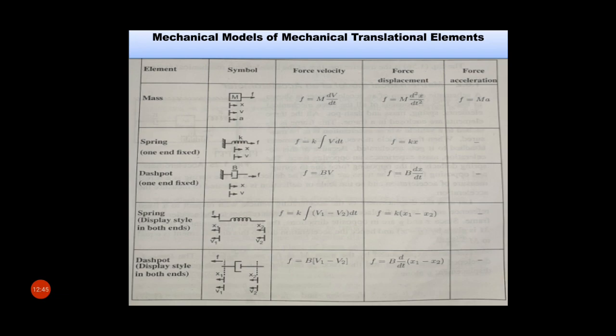And the last one is dashpot, where both ends are not fixed. So this table represents the mathematical model of each and every element of a mechanical translational system.